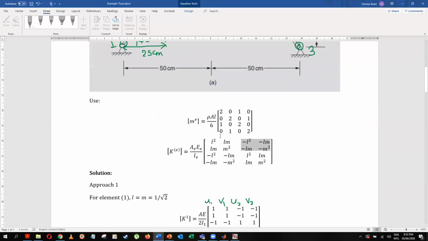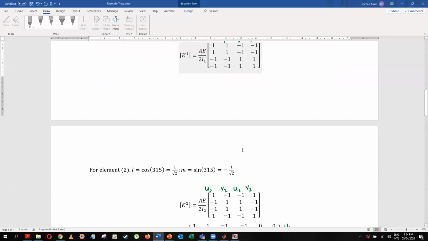So what's going to happen is, looking at this, where you have l square or m square, these four will directly be 1, because whether it is plus or minus, if you square it, it's going to be positive, right? Where they are multiplied with each other, a plus 1 over under root 2 is multiplied with minus 1 over under root 2, so then you're going to have a negative sign. So wherever you have lm, you're going to have a negative sign, and wherever you have minus lm, you're going to have a positive sign, very obviously, right?